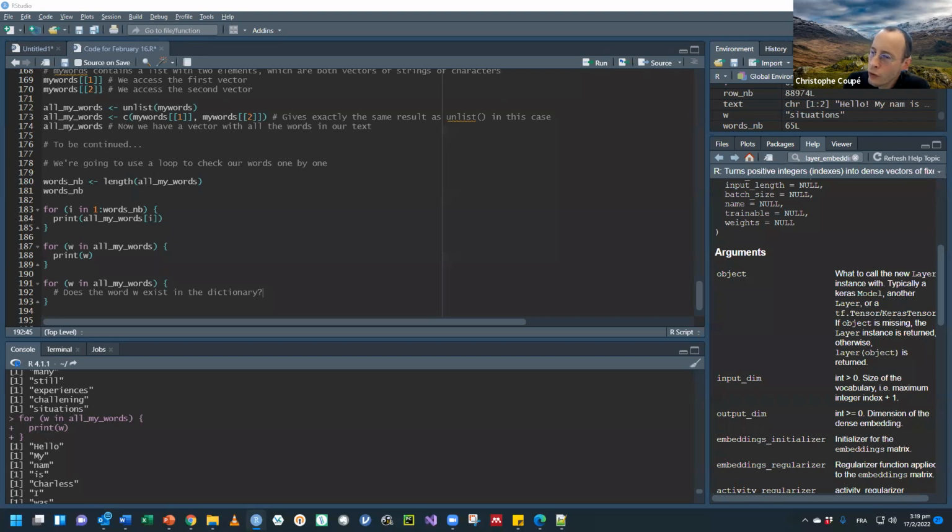We need to go through all the words. Yeah. So if the word, but what do we need to check? We have all the words in our dictionary. So what do we need to do? Try to put it in simple terms. We would need a test. Yes.